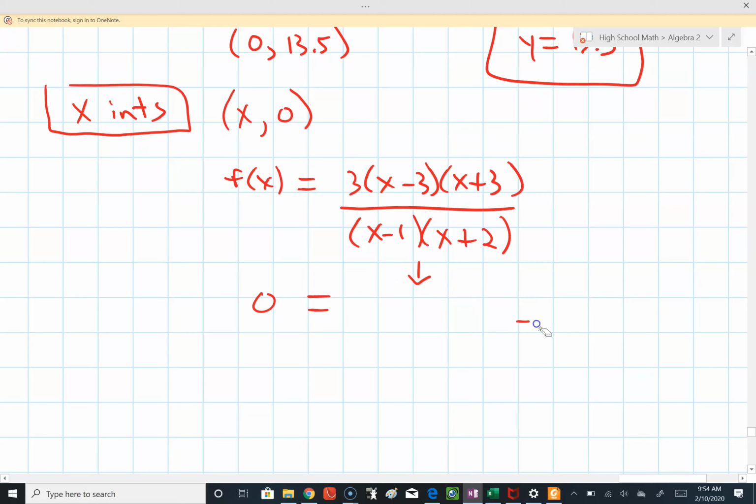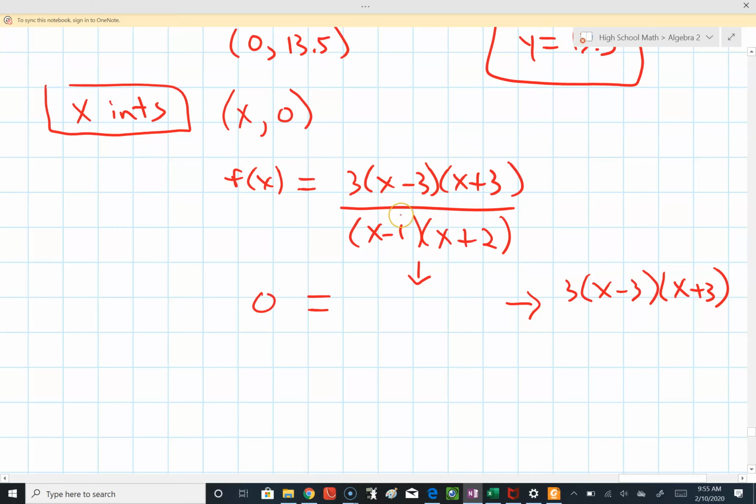If the whole fraction is equal to 0, what is really equal to 0? The numerator. So I can reduce this statement into setting the numerator equal to 0. We know the bottom can't ever be 0. If a fraction is 0, it's the top that is 0. Is everybody all right with that?